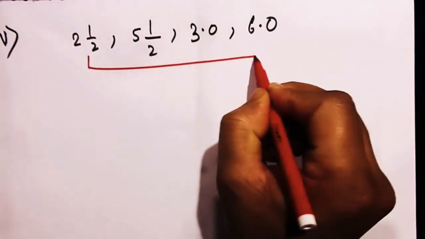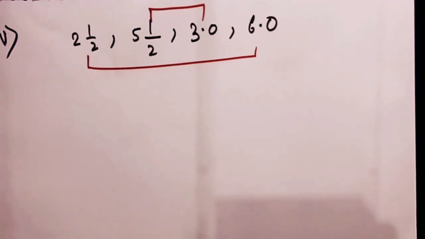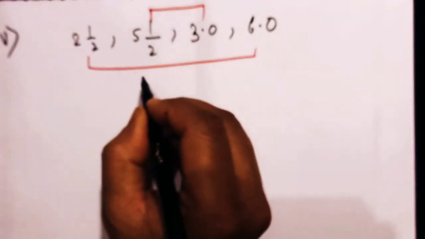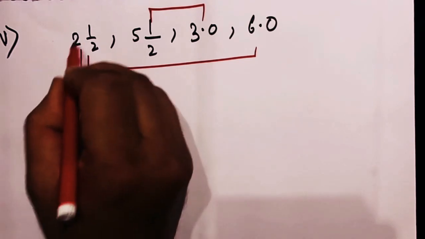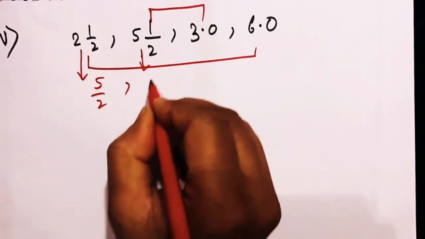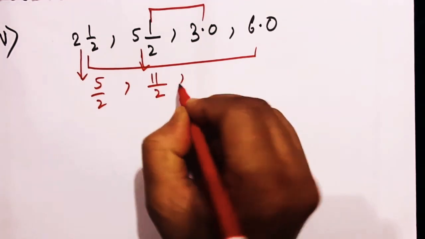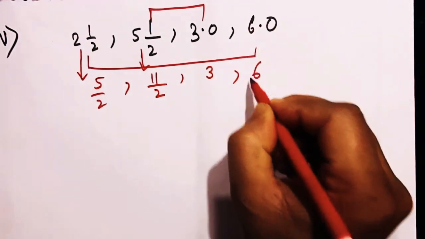Because we are using the same formula, that the product of means should be equal to product of extremes, and before you write, we need to convert these into improper fractions. So here we have 2.5 means 5 by 2, then 5.5 you can convert as 11 by 2, then you have 3.0 is 3 only, and 6.0 is 6 only.